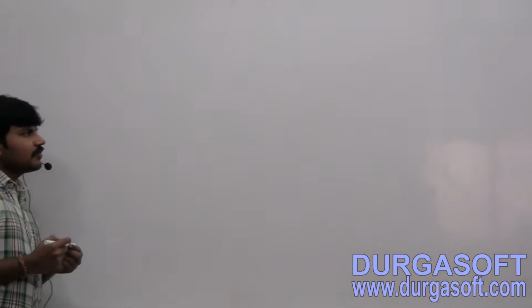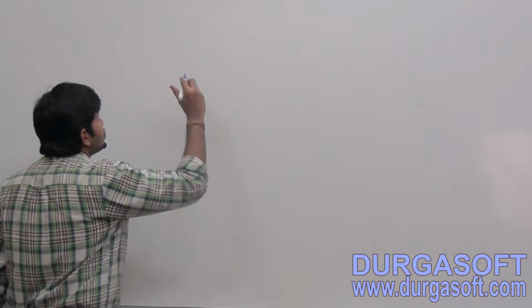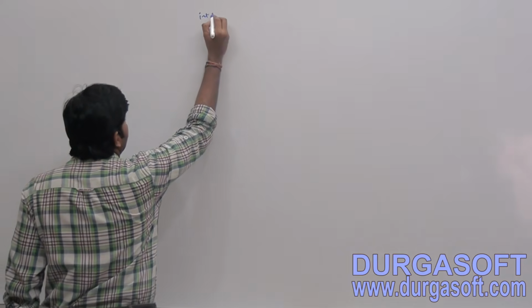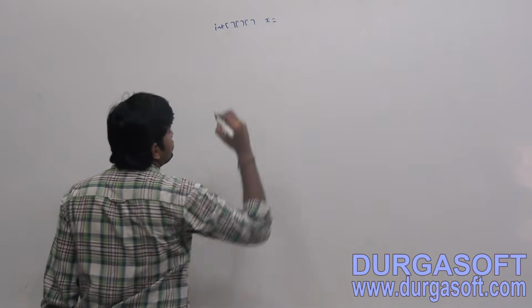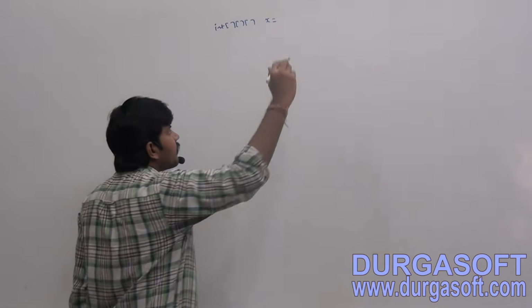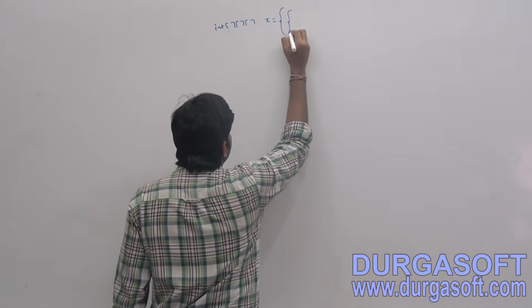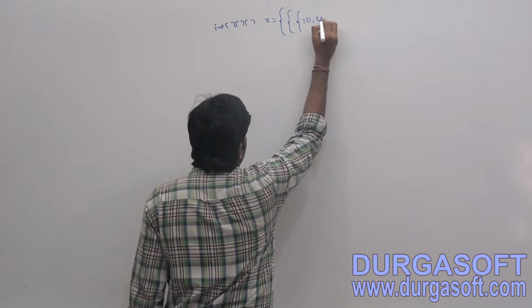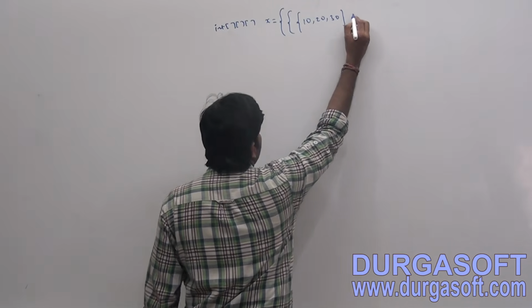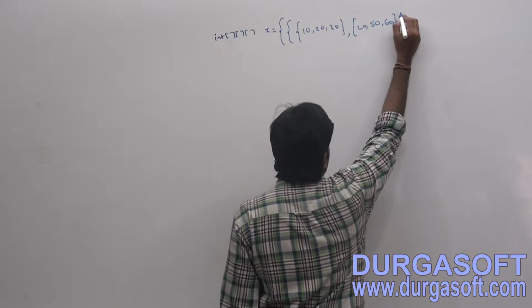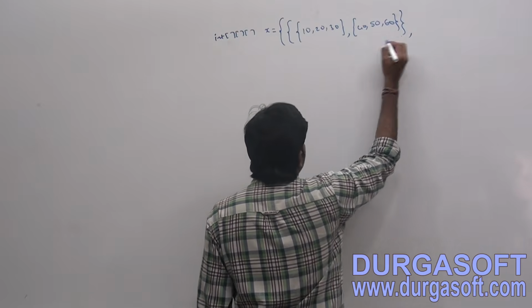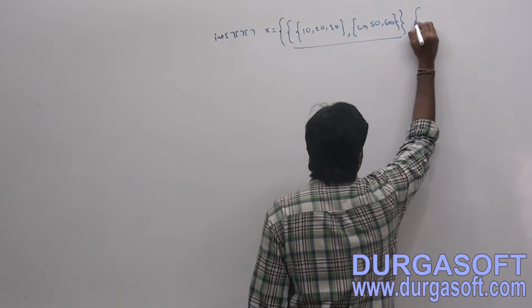So from this area, what kind of question is there a possibility to ask? Here see, I am taking a 3-dimensional array. Here 10, 20, 30, then 40, 50, 60 is the first 2-dimensional array.